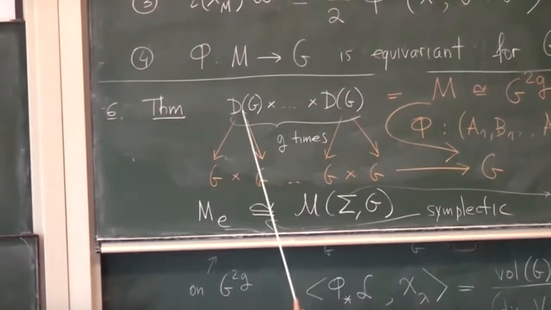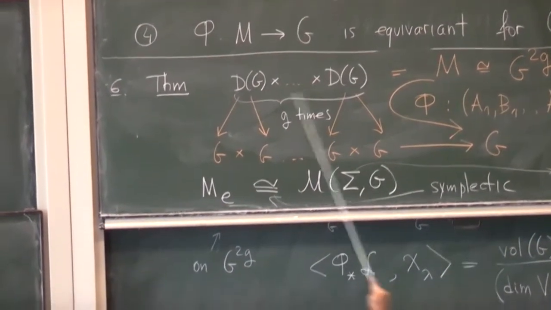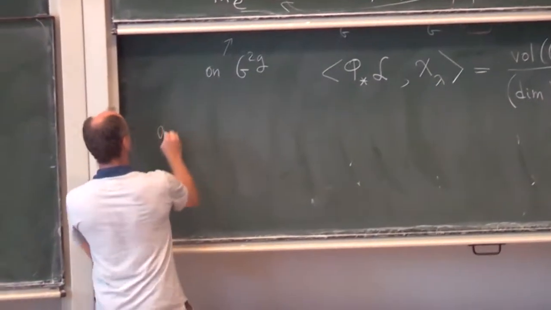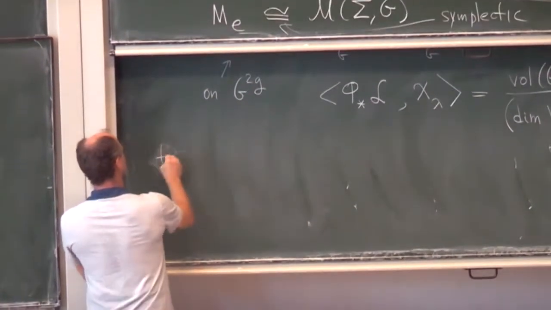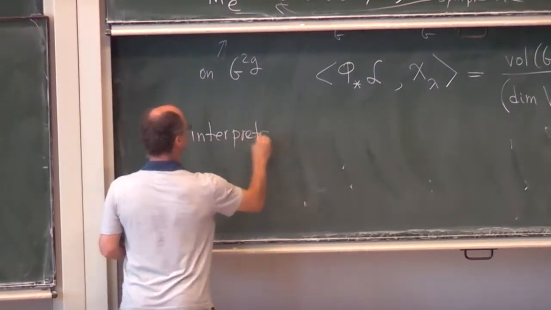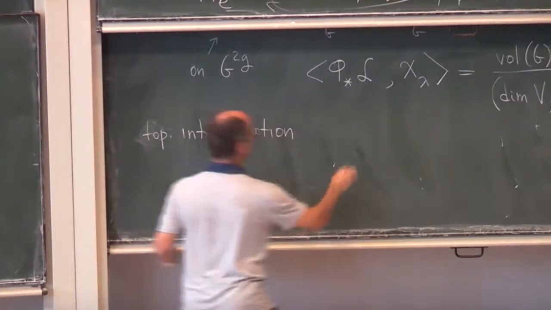Now perhaps before concluding, one last remark about the relation between what we are doing here and topology of surfaces. You see, actually one can draw a picture of how we glue a surface from pieces here. And the dictionary is as follows. So a topological interpretation.